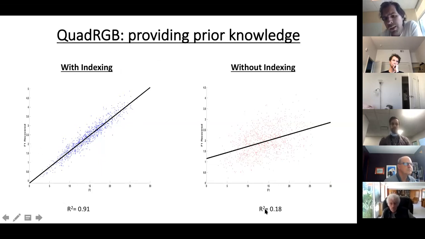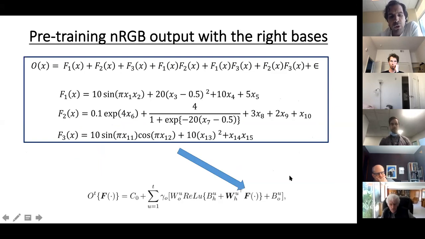But if you don't, then there is very weak correlation with F1. So the problem is that because the output in our original experiment is misspecified, there is no way that this thing starts walking to the right function. The basis and the output go to wherever they want, okay?